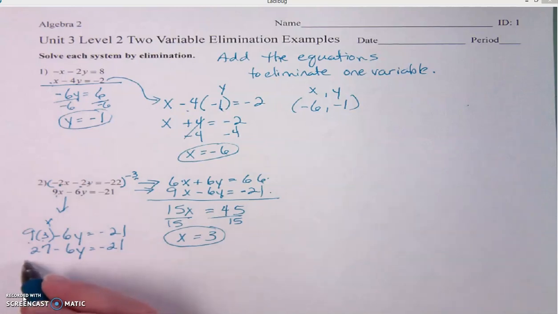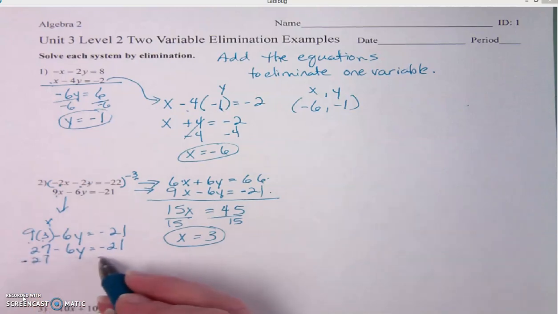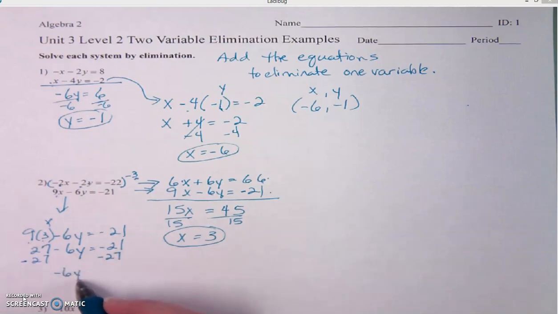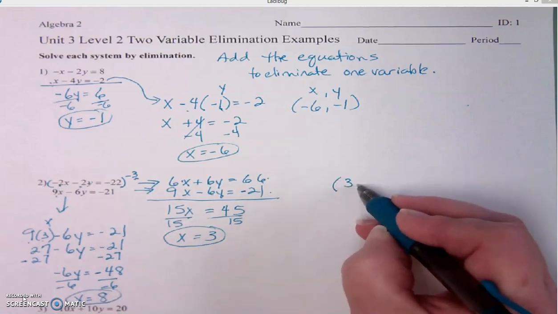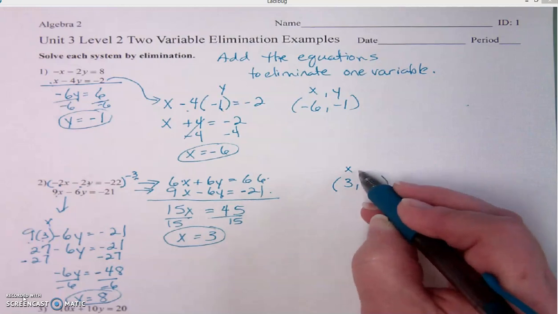I need to move my 27 over, so I'm going to subtract it from both sides. And I have negative 6y equals a negative 48. Divide both sides by negative 6, and y will equal a positive 8. So my solution will be 3, 8. Remember, that's my x, y.